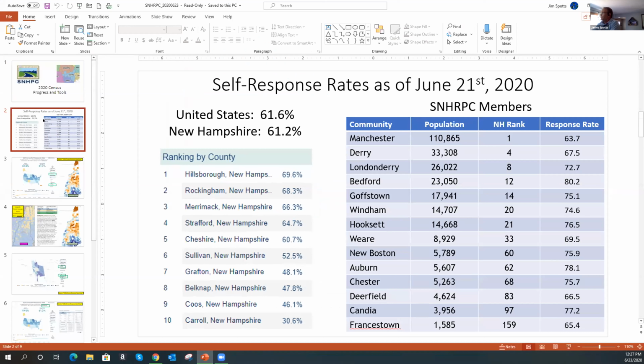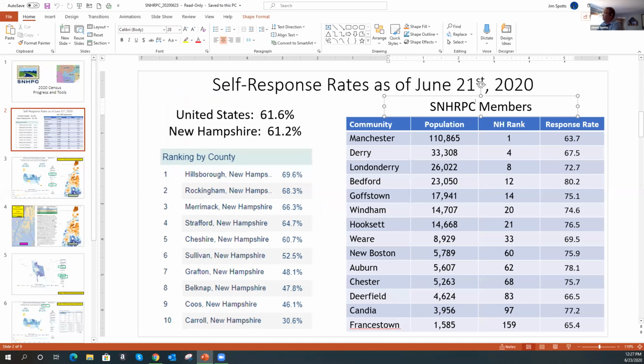To go through the self-response rates thus far, we're doing very well, and inside the Southern New Hampshire Planning Commission you're doing very well overall. Right now, the total self-response within the U.S. is 61.6%, and New Hampshire is just behind at 61.2%. We're closing the gap on the national average very quickly. By county, four counties are above the national average and six are slightly below.